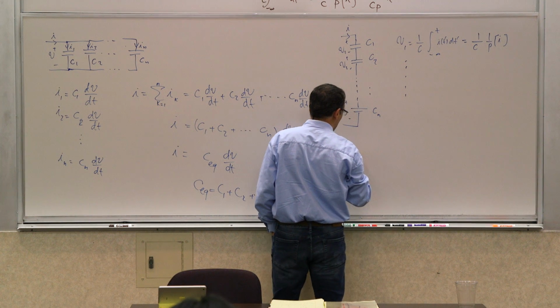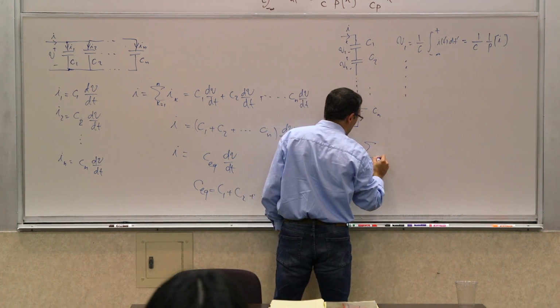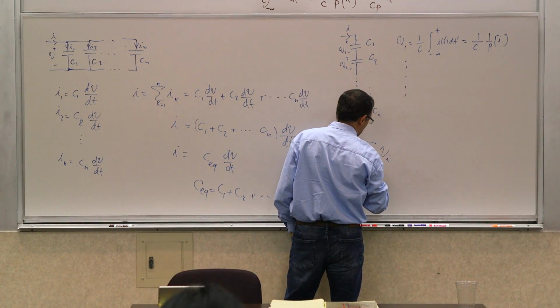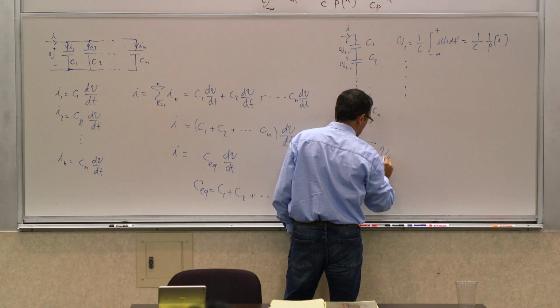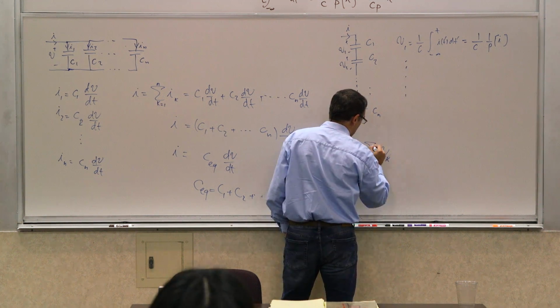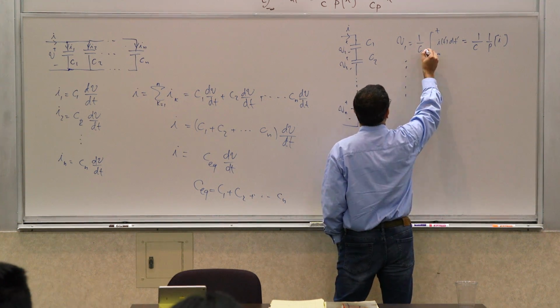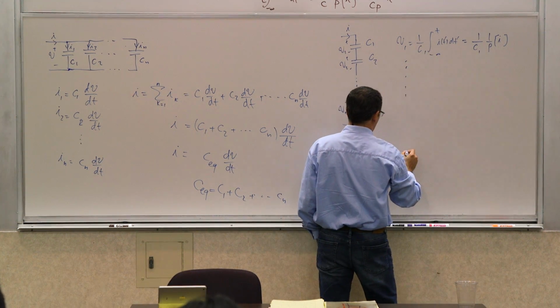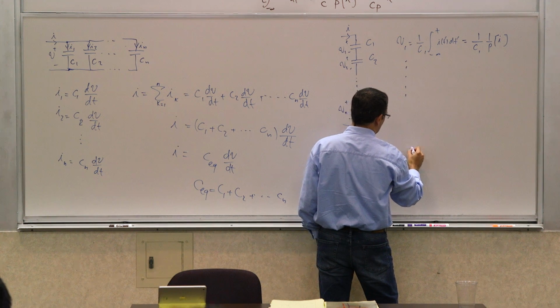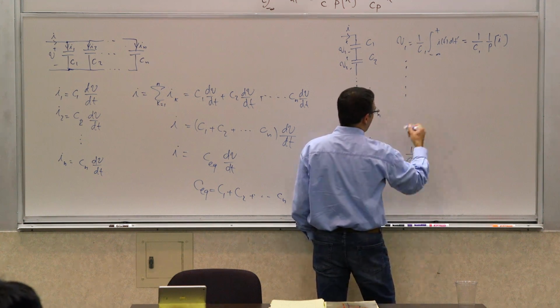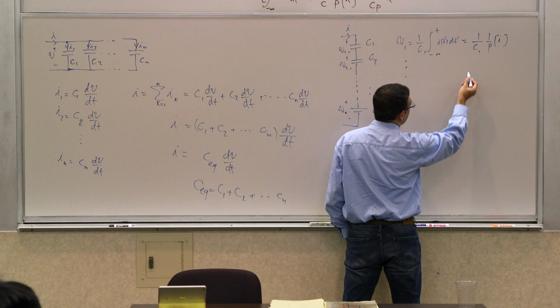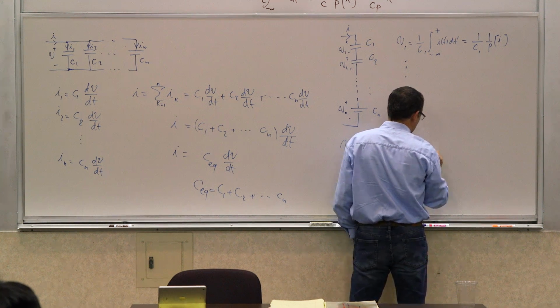So if I write the total voltage V, which is the sum of all the voltages, it is going to be, so this is C1, so it would be 1 over C1. I can write the integral, or I can write it this way. I'm going to write it this way.